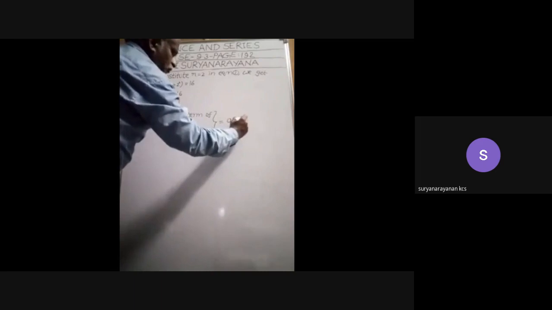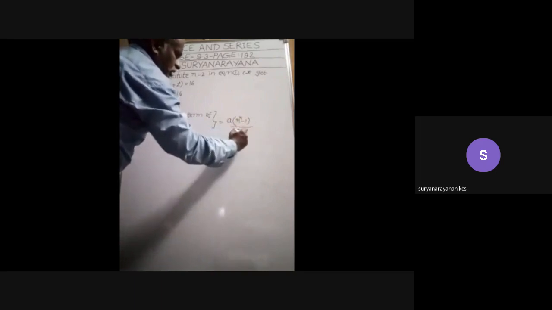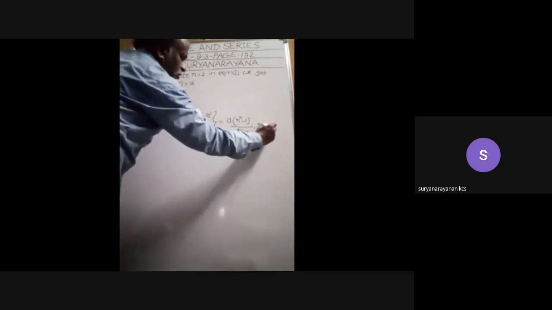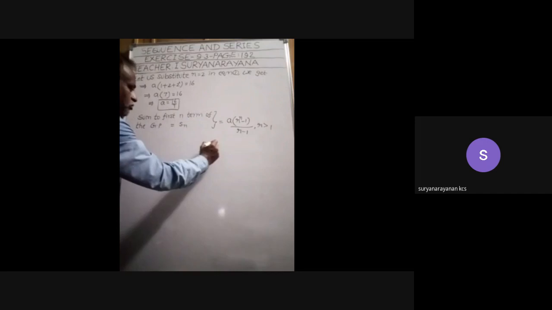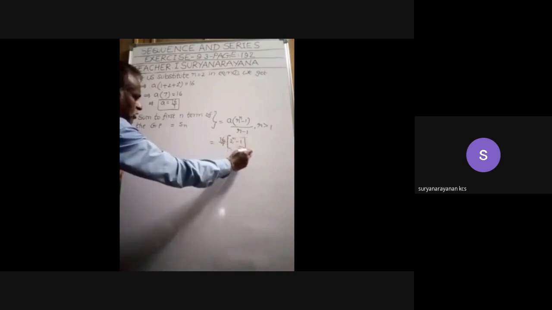A into R to the power of n minus 1 by R minus 1, because here R is greater than 1. So we are using this formula. That is equal to 16 by 7 into 2 power n minus 1 by 2 minus 1.